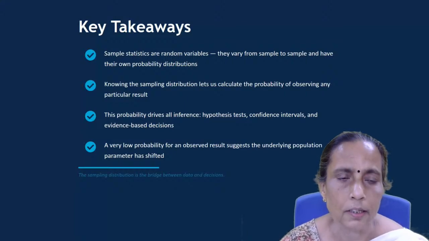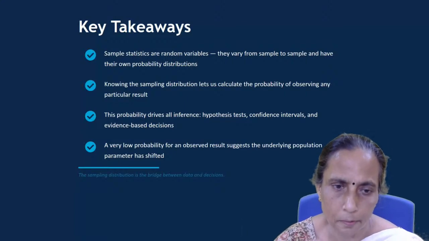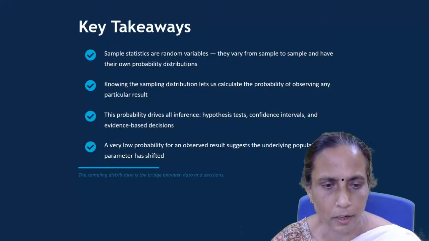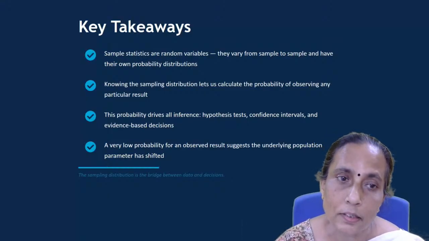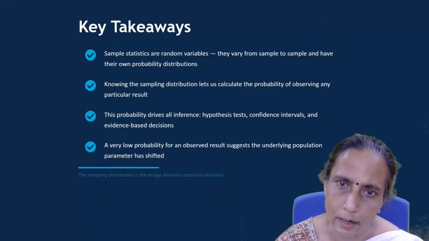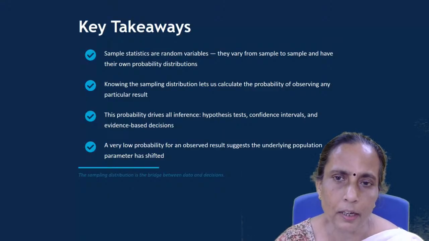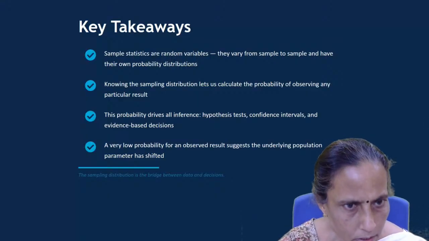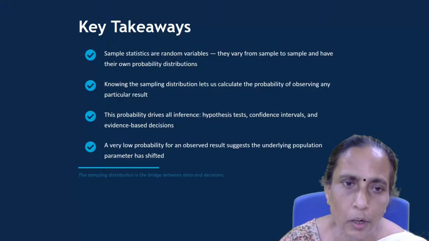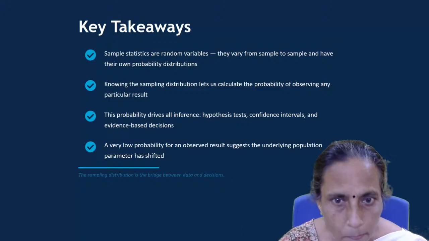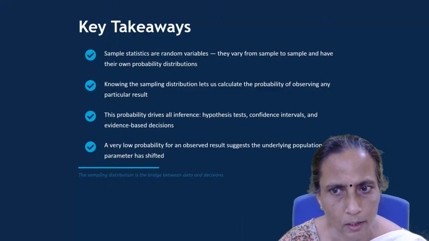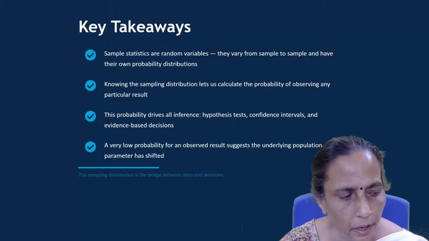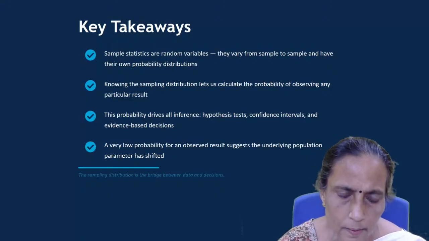So that is the sample statistics. What are the things that we have so far discussed? The sample statistics are random variables. They vary from sample to sample and have their own probability distributions. So knowing the sampling distribution, let us calculate the probability of observing any particular result.